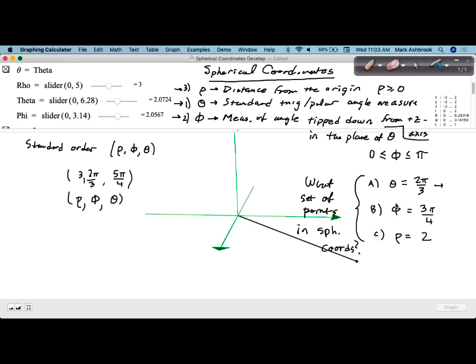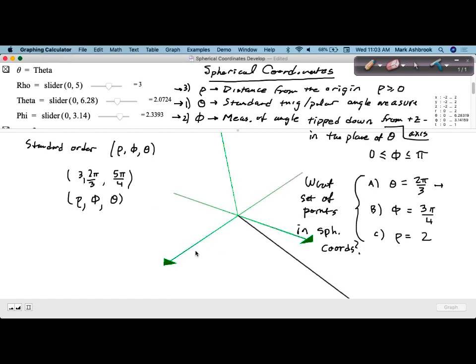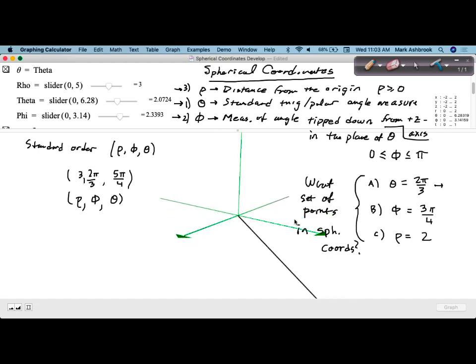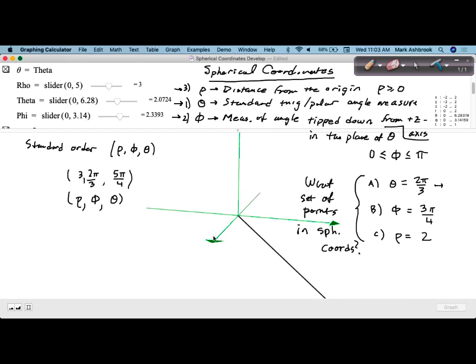When phi is 3 pi over 4, what are all points such that phi is 3 pi over 4? Okay, some people are saying it. It's a cone. And which way does the cone open? This opens down because we're below the xy plane. Does that kind of look like a cone sweeping around there?